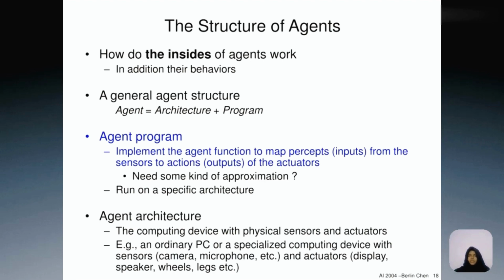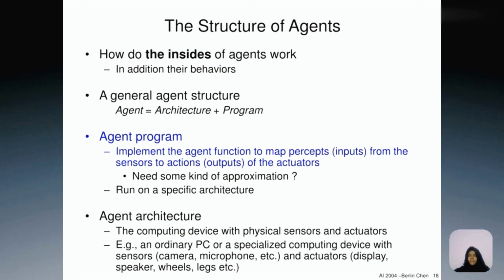A general agent structure is: agent equals architecture plus program. The agent program is used to implement the agent function to map percepts, that is input from the sensors, to actions, that is output of the actuators. It also requires some kind of approximation.